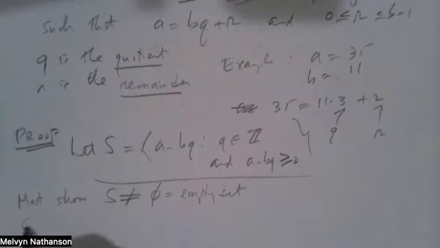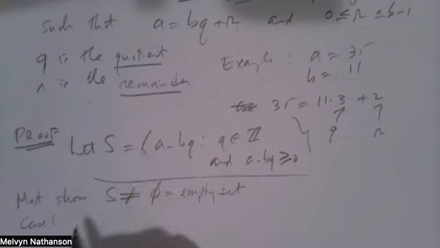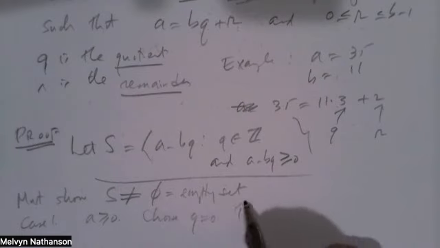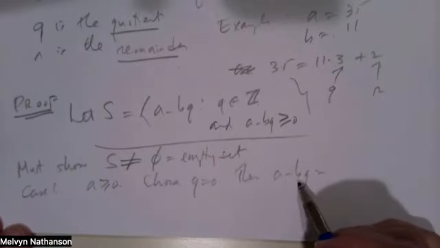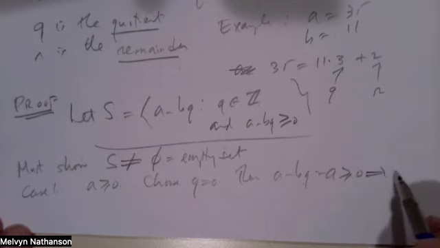So in case 1, the number A could be negative, but suppose A is greater than or equal to 0. So in that case, Q can be any integer, choose Q equals 0. Then A minus BQ, if Q is 0, is just A, which is greater than or equal to 0.